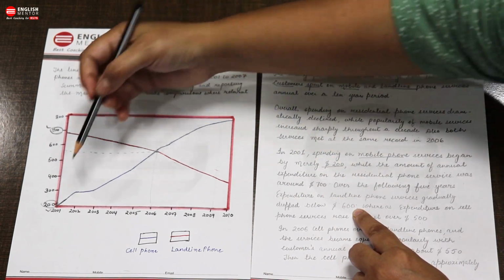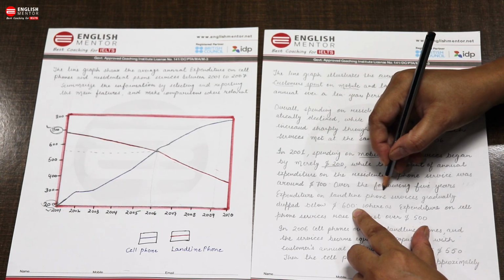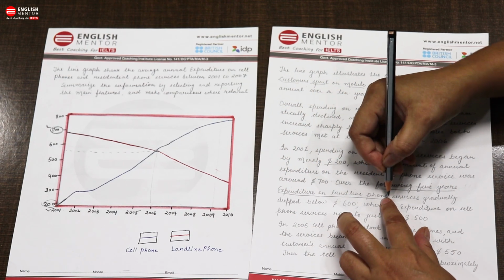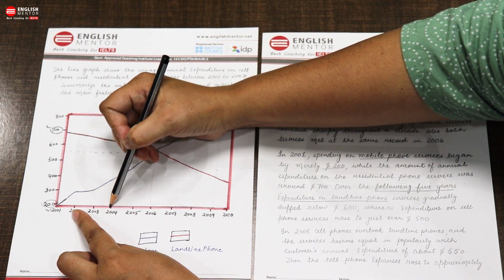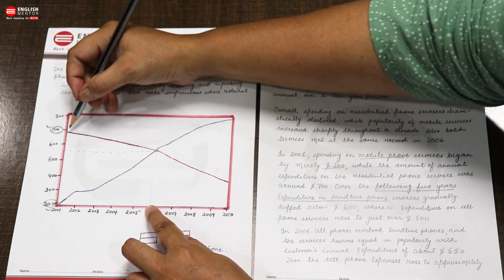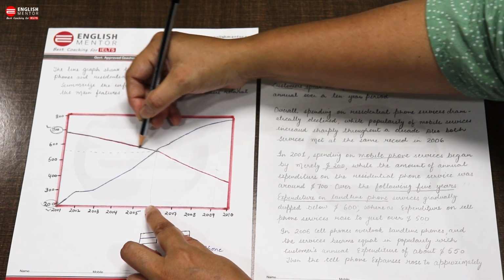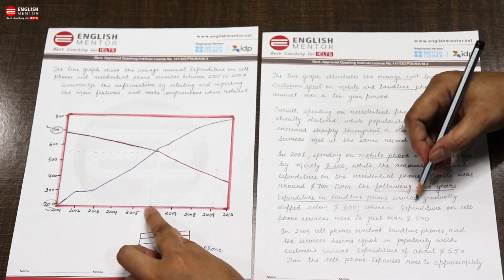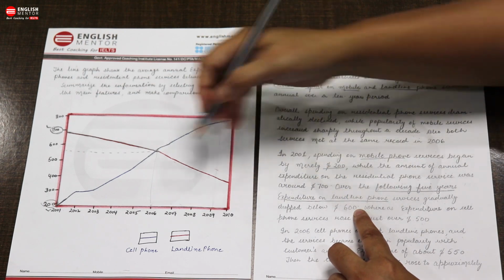Over the following 5 years, expenditure on landline phone services gradually dropped below $600. They are talking about the following 5 years, like 2003, 4, 5 to 6. The expenditure on landline services just declined. It is in a declining position, and it dropped below $600.